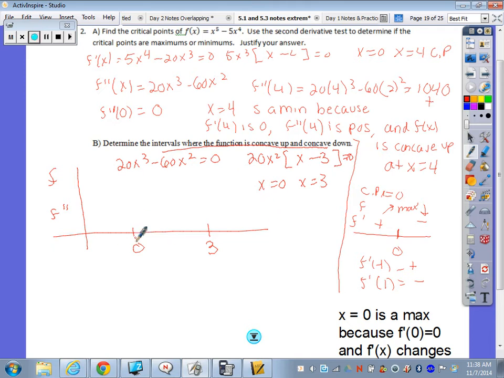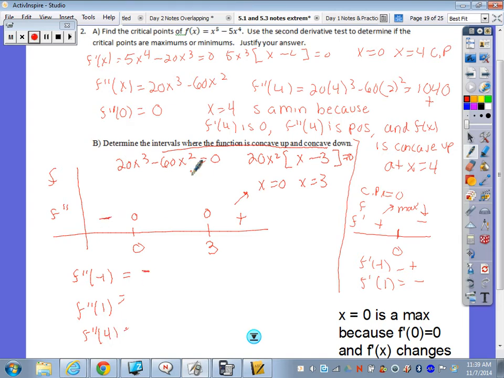And then I'm going to do values in each interval. So I'm going to do f prime of -1, 1, and like 4. We already found f prime of 4 up here. It was positive, so that's increasing. If I try -1 and plug it into my second derivative, this gives me a -20, this gives me a -60, so I get a negative minus a negative, so that's negative.